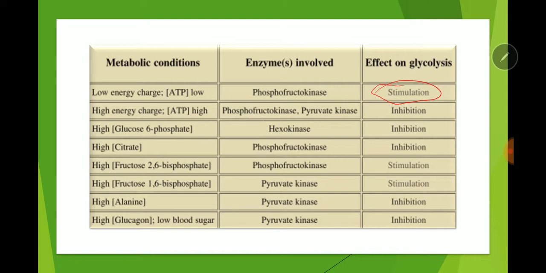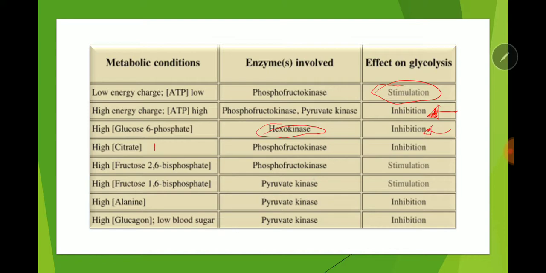The phosphofructokinase and the pyruvate kinase reactions are inhibited or slowed down. Now, if you have high G6P, glucose 6 phosphate, what's going to happen? If it's too much G6P, hexokinase is inhibited.